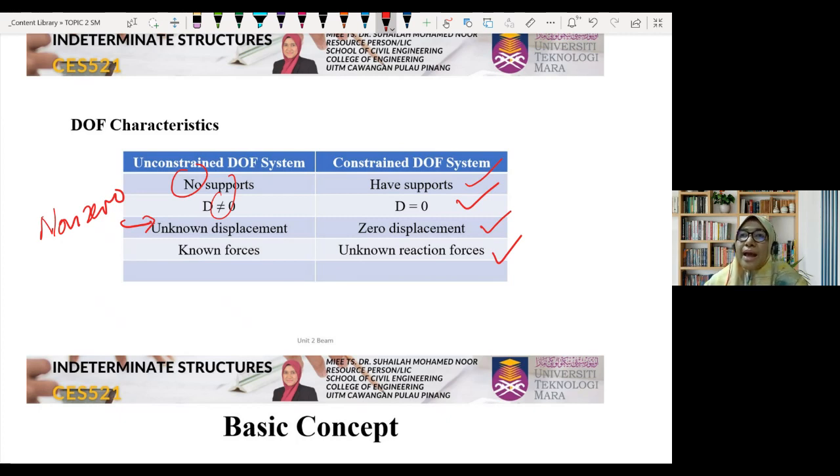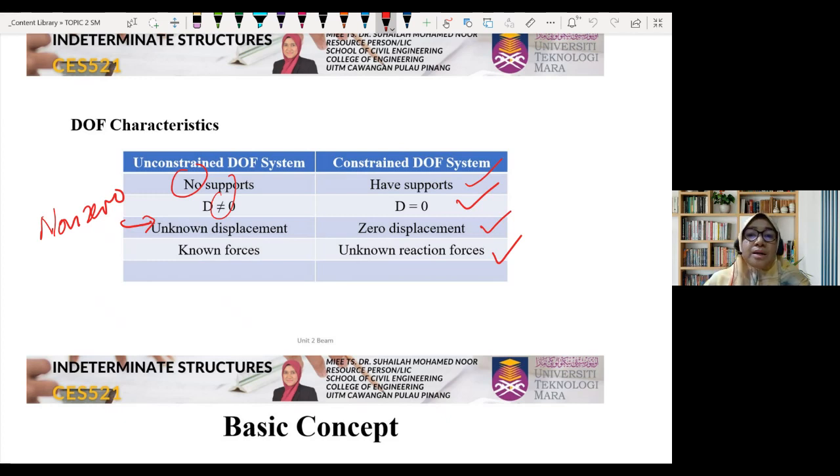Logically, when at any position or node there is no support, it can move. When it can move, there is a displacement. What is the value? We do not know yet until we calculate it. So displacement is actually the first outcome, or first objective, when we analyze a beam using the stiffness method.